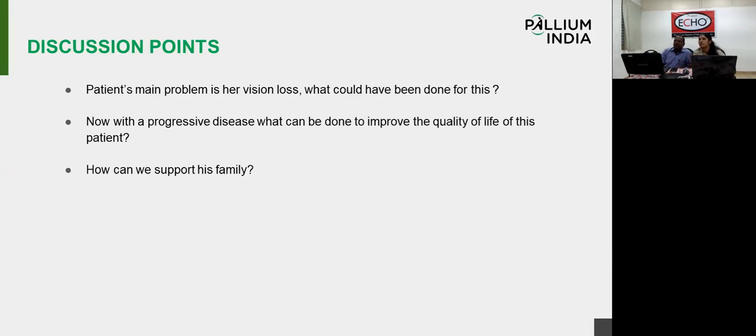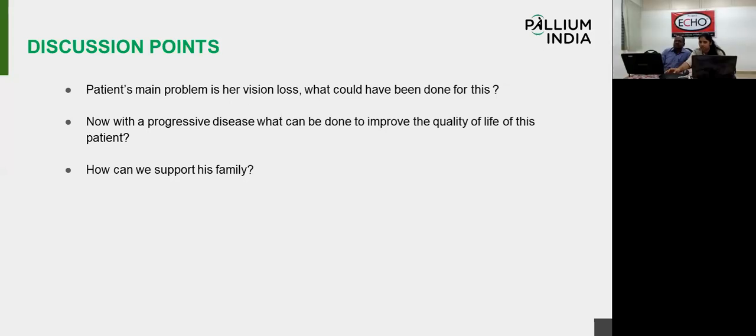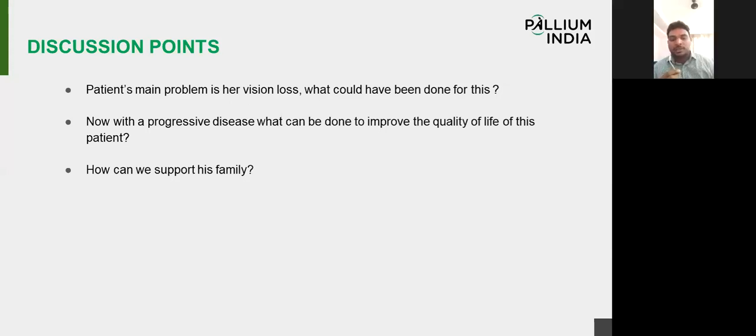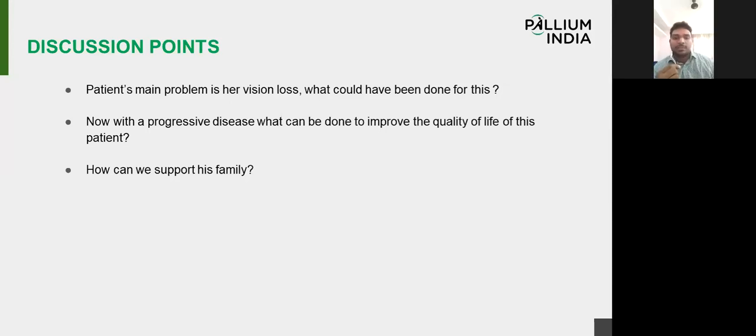Do you have any opinion on this? Dr. Praveen? In my state, they give a pension for physically handicapped people, like 5,000 per month. Is it available in the state where they are?